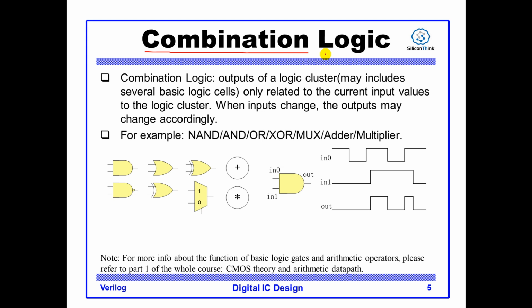What is combination logic? It means the output of a logic cluster is only related to the current input value to that logic cluster. When the input value changes, the output value may change accordingly.